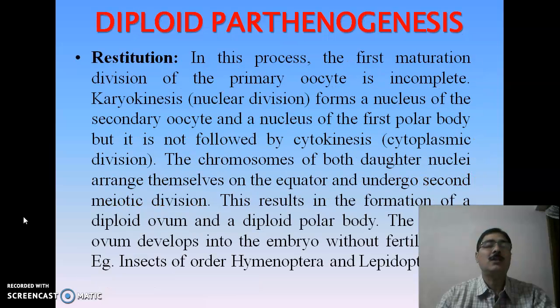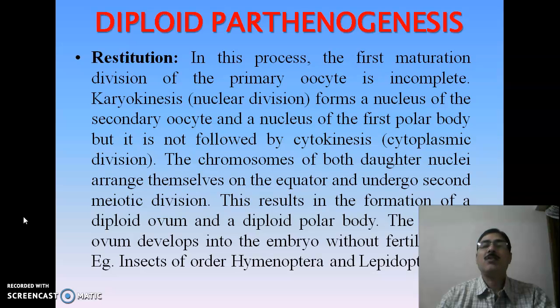Now let us take the example of restitution. In the case of restitution, the first maturation division of the primary oocyte is incomplete. Karyokinesis, which is the nuclear division, forms a nucleus of the secondary oocyte and a nucleus of the first polar body. But it is not followed by cytokinesis, that is the cytoplasmic division.